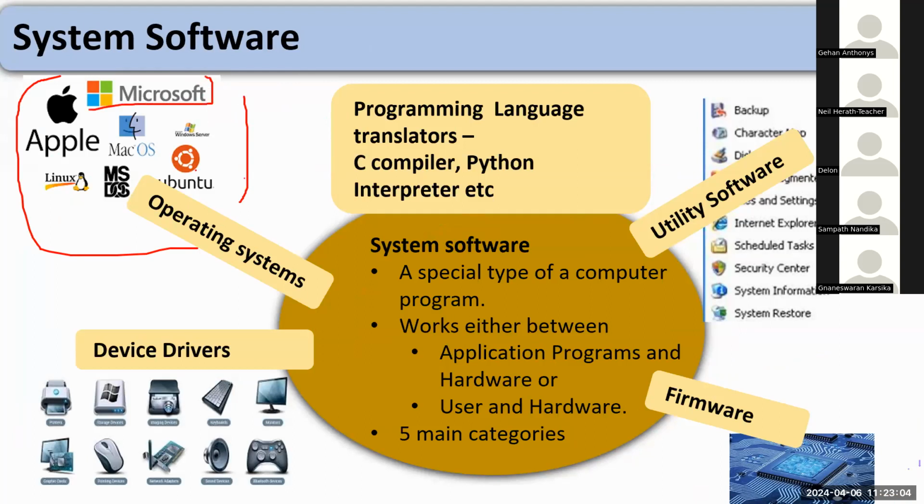We have Linux, and one of the Linux platforms is called Ubuntu, and the Apple Macintosh. Those are some other types of operating systems available in the general market.